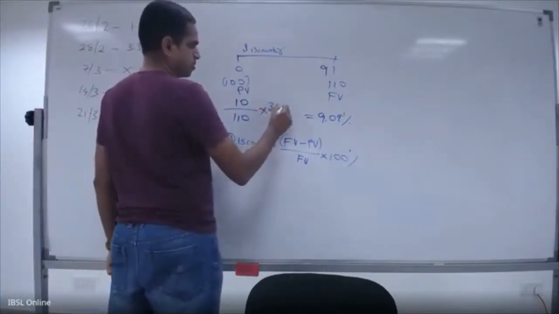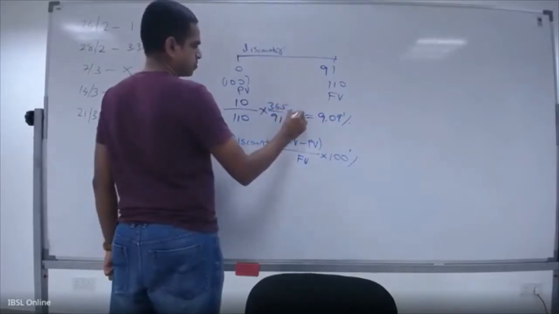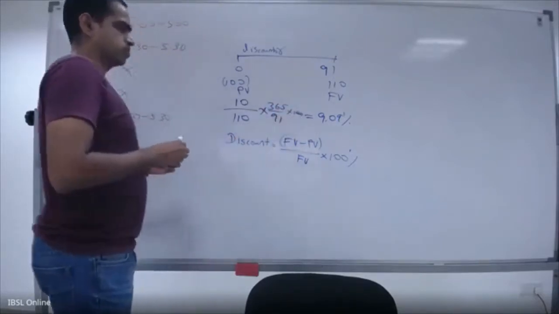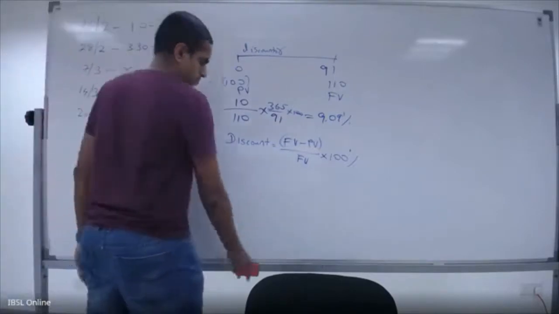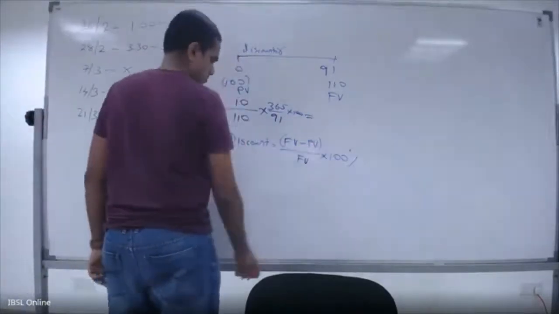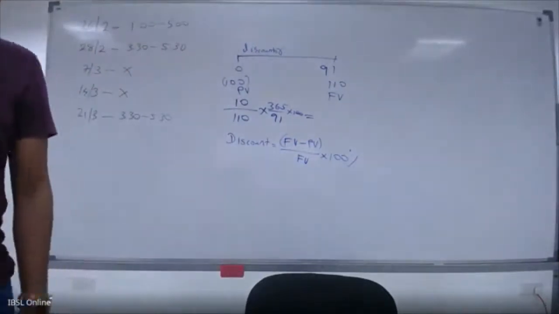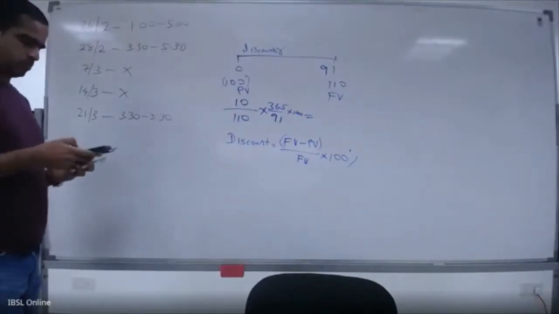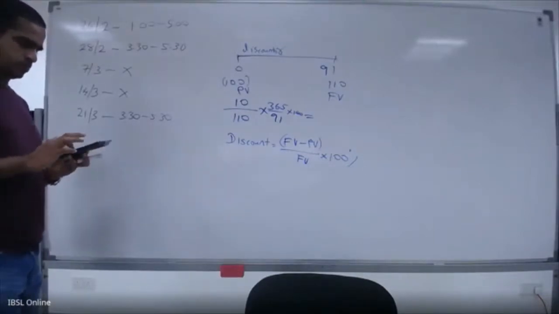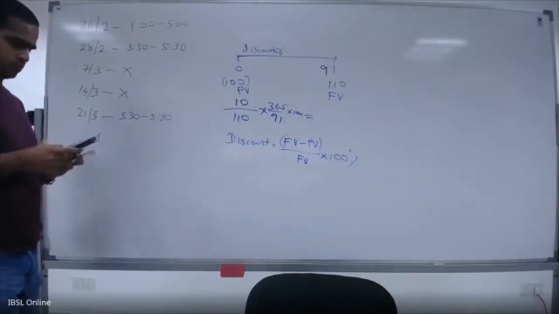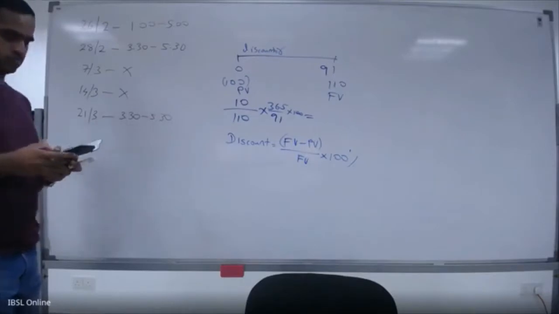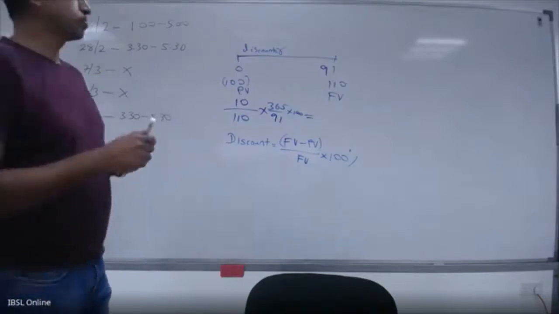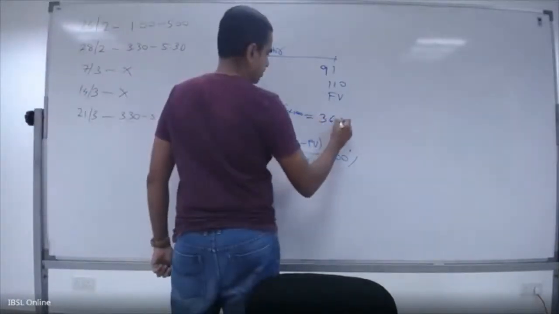So for 1 year, what is it going to be? Roughly about 36.5%.